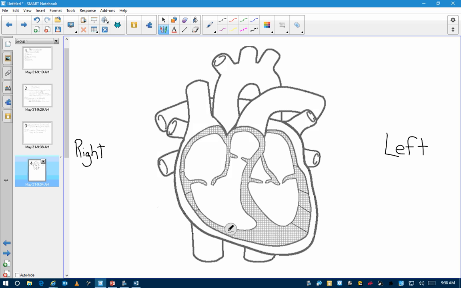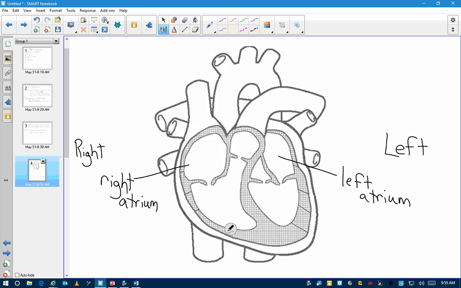Okay, so we'll start with labeling the anatomy. So right ventricle or right atrium. So these atriums, and we'll talk about what they do more. So we'll start with these 4 chambers of the heart. These smaller chambers in the top are atrium. Okay, so those top 2 chambers are atrium, right and left.